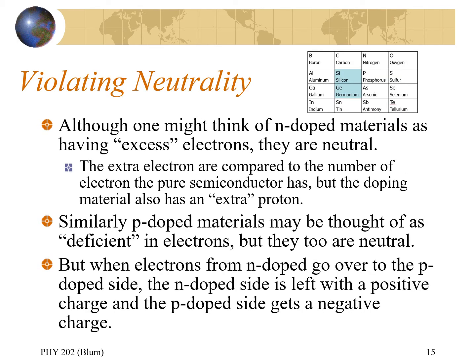So let's say that we used phosphorus to dope silicon. Well, phosphorus may have one more valence electron than silicon, but it also has a nucleus that has one more positive charge. So these two compensate each other, and so the phosphorus doped silicon would be neutral. Similarly, if we did aluminum doping of silicon, the aluminum may have fewer valence electrons than silicon, but it also has a nucleus with fewer positive charges.